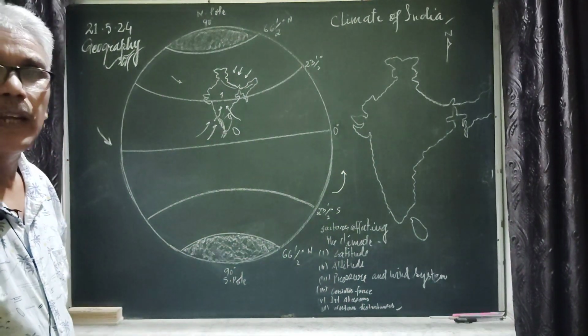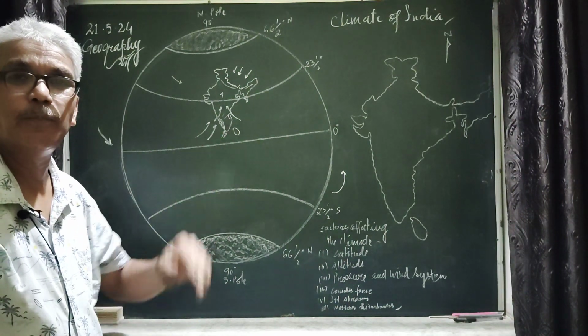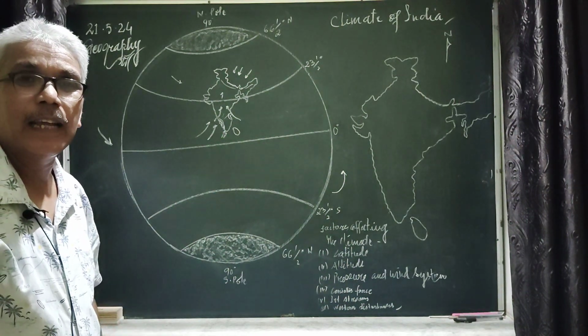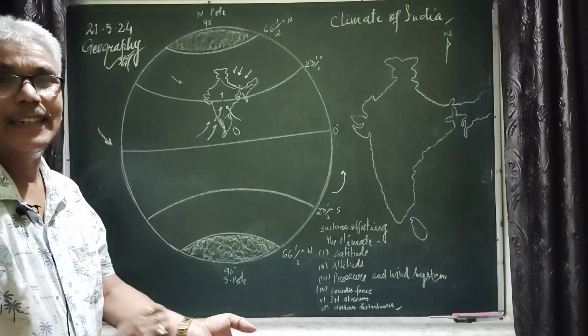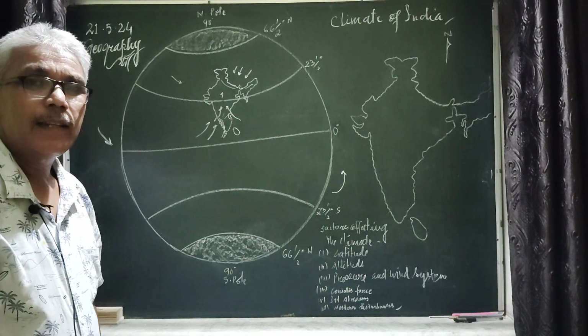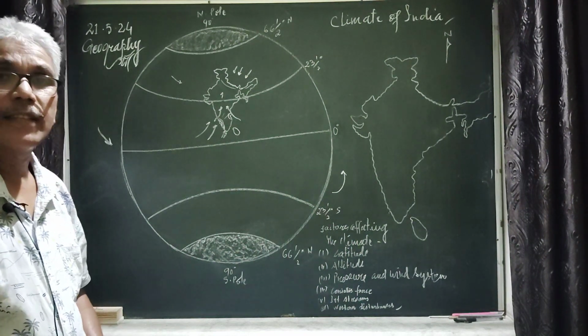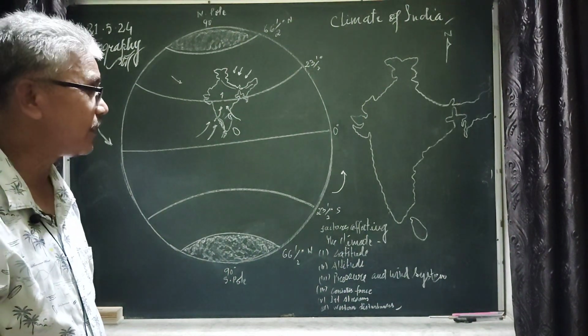Next, altitude. Altitude means the height above sea level. As we go up in the atmosphere, the temperature decreases. On average, 1 degree Celsius temperature decreases with an average height of 165 meters above sea level. That is called the lapse rate of temperature.